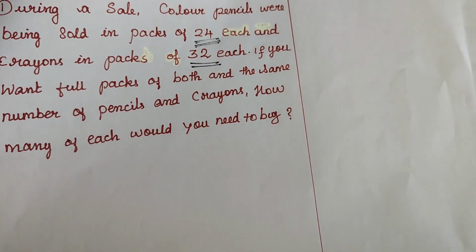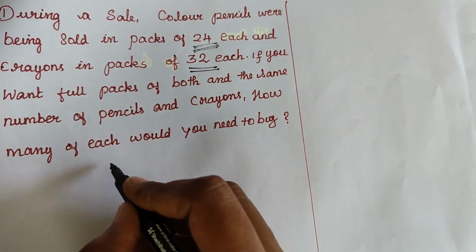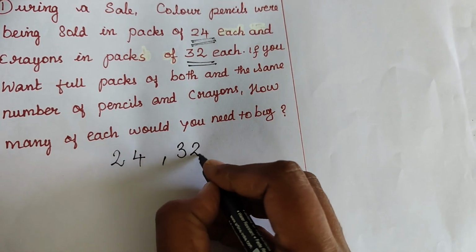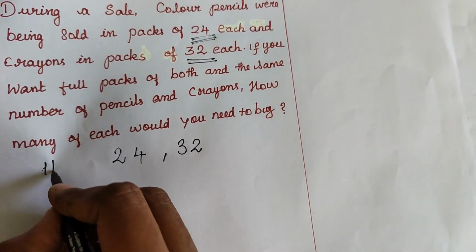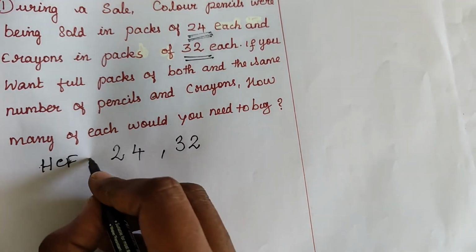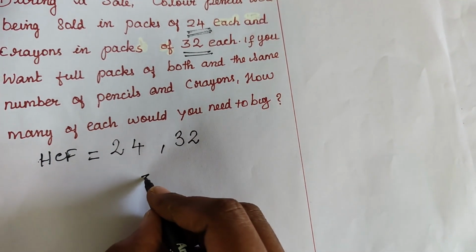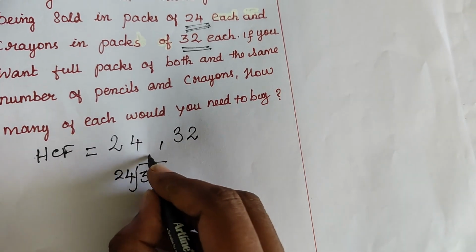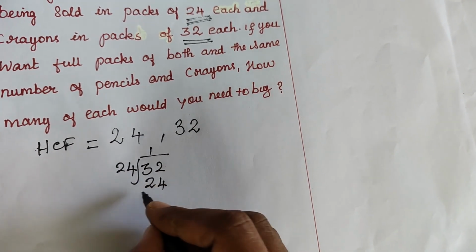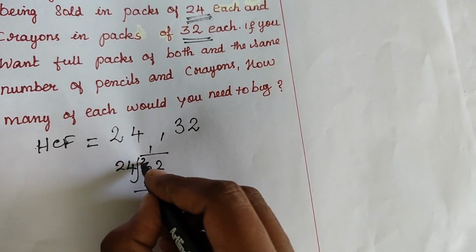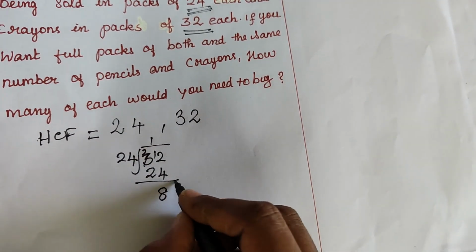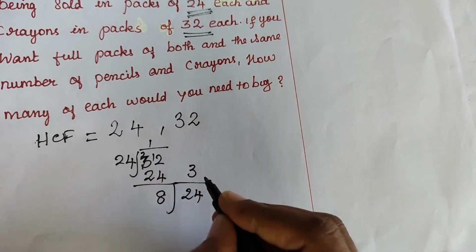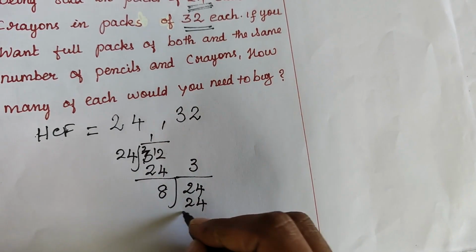So for this, I will find the HCF of 24 and 32 first. Bigger number 32 divided by smaller number 24: one time 24, on subtraction you will get 8. So bring 24 here. 24 divided by 8, 3 8s are 24, 0.